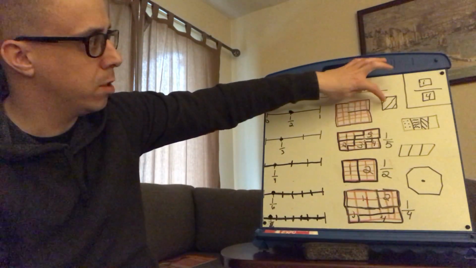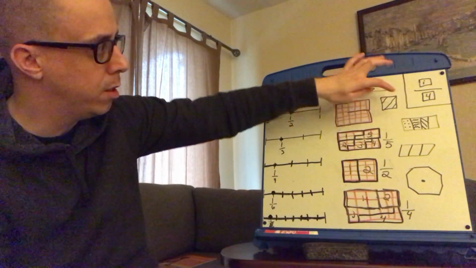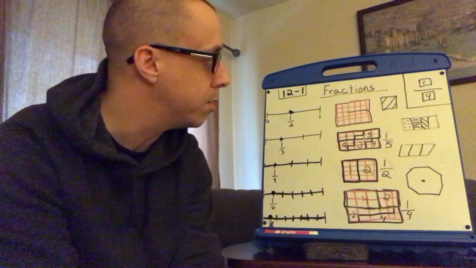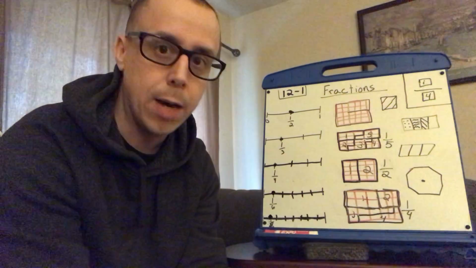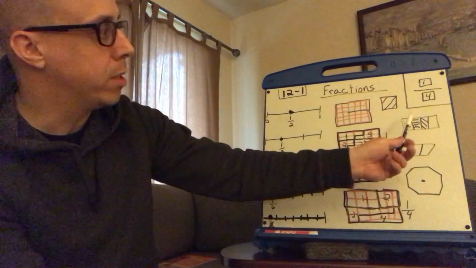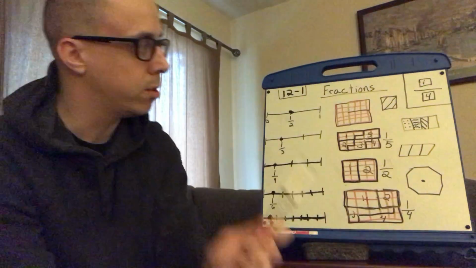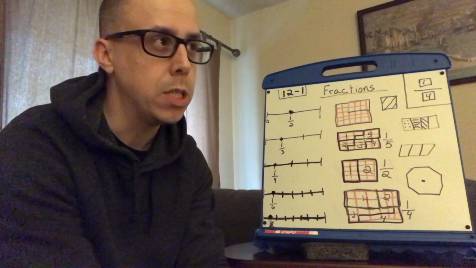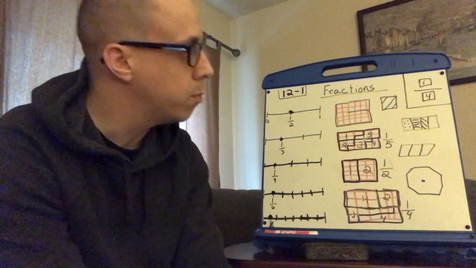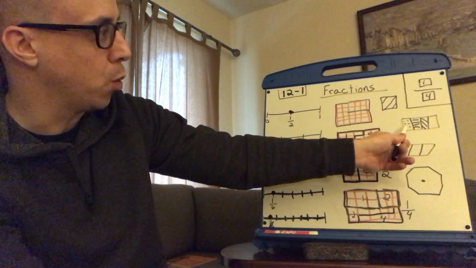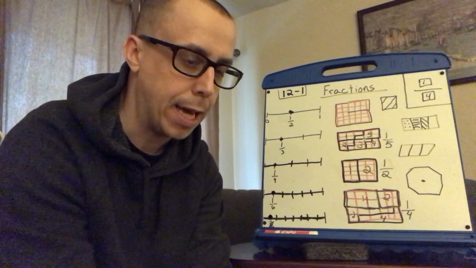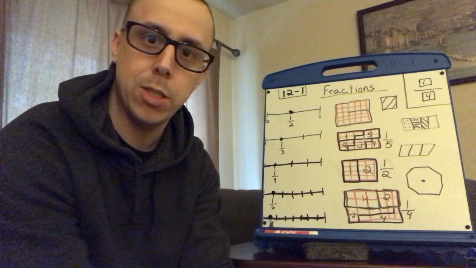Okay, you might see a problem that looks like this. For this one, you would select not even, or if it's asking you for something, you would have to make sure you didn't choose that one, because you can't represent fractions with that shape. You might see a problem that says, which of these rectangles has 1/4 wavy, or 1/4 polka dot, or 1/4 striped, or 1/4 empty or blank, and so you would choose this one.